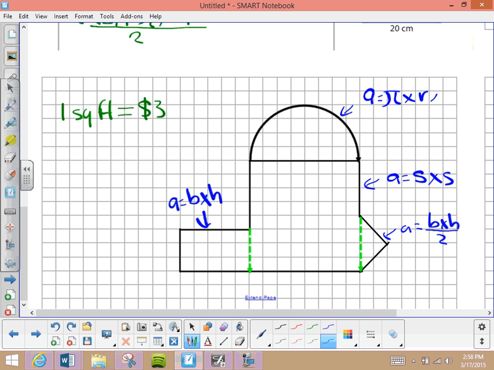Pi times r times r. But it is not a full square, so what do we do? At the end, we divide everything by 2, right? At the end, only at the end. First, you find the area of the entire circle, and then you divide it by 2 because we only have half of it. We have a semicircle. So now that we have the formulas that we need, we can just plug in the numbers.